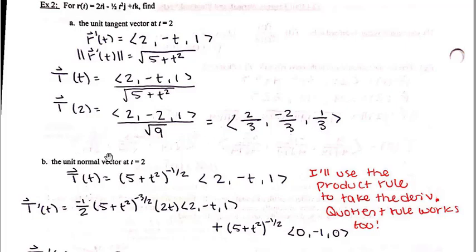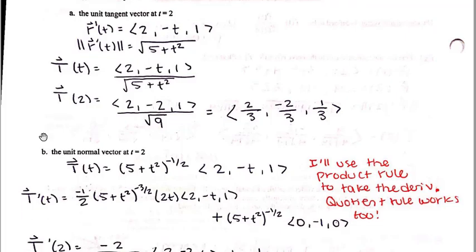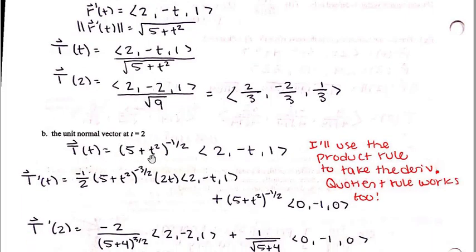So now, to find the unit normal vector, I have to find the derivative of this function, the tangent vector up here, and I went ahead and changed it into a function times a vector, which is part of our product rule. You could also split it up and do the quotient rule. It's kind of a preference, but I moved the function out here and then did a product rule.